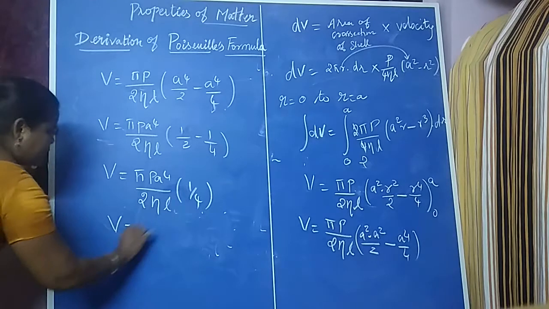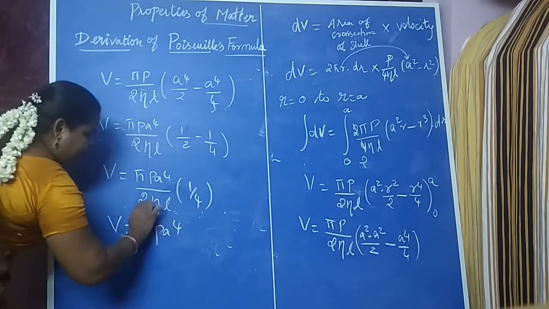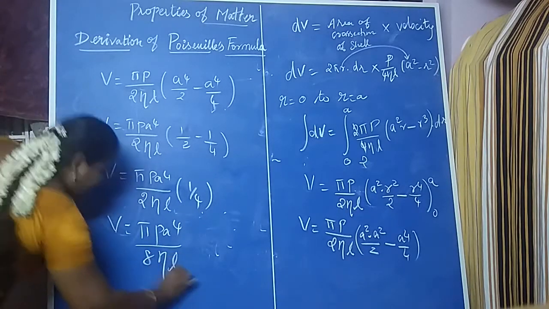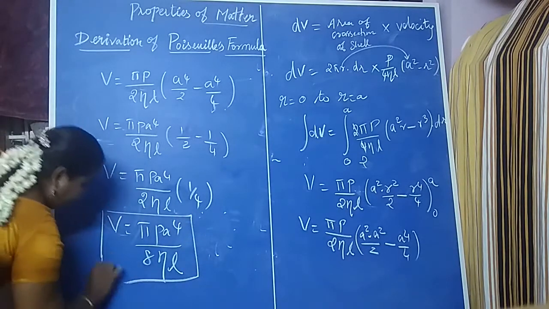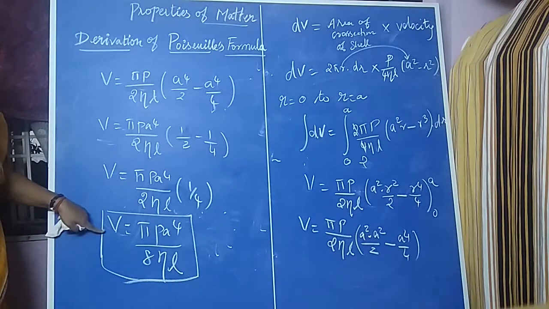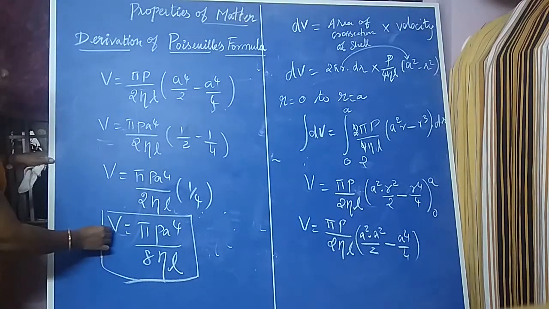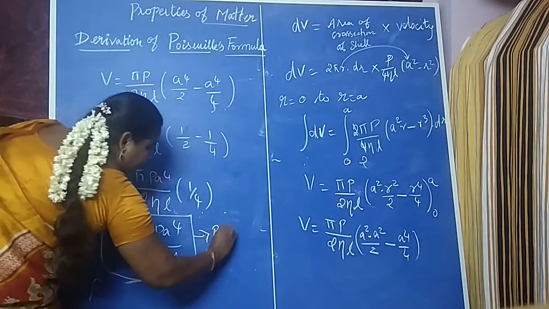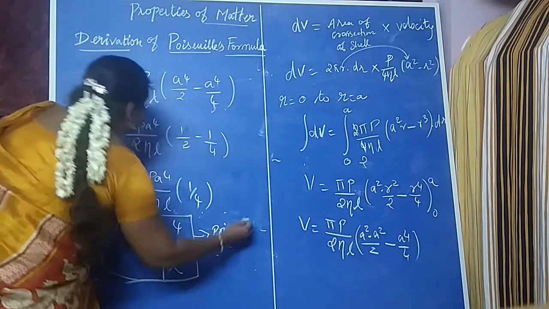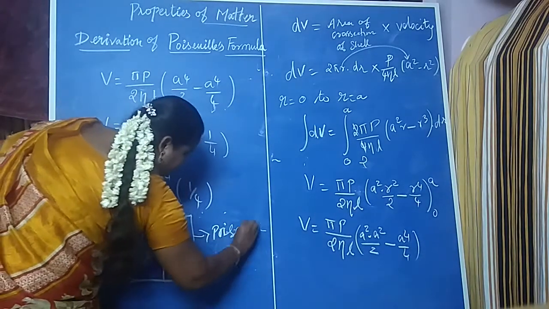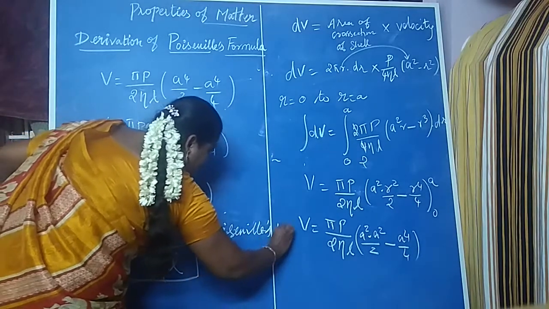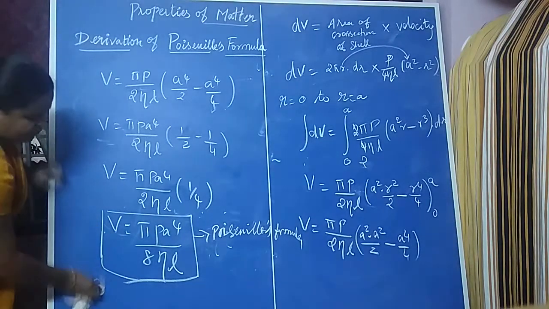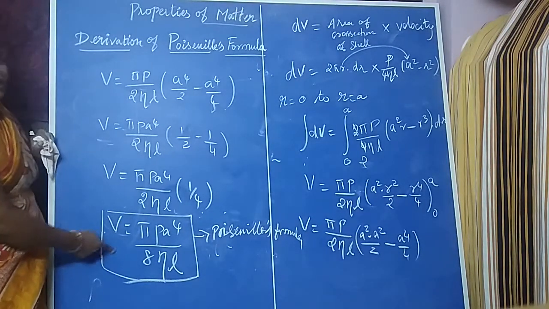So V equal to pi P a power 4 by 8 eta L. This is the volume of liquid flowing through the capillary tube per second. This formula is Poiseuille's formula. Using this formula, we can find out how much volume of liquid is flowing in a capillary tube. Thank you.